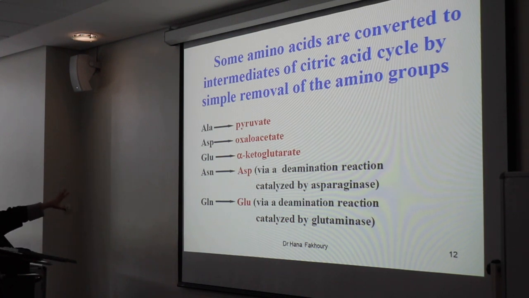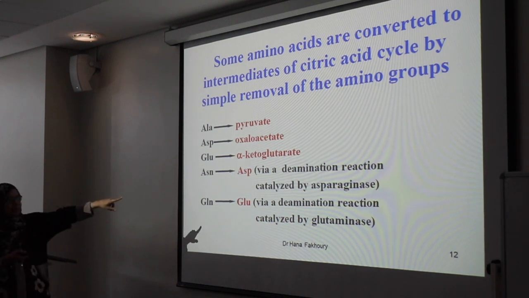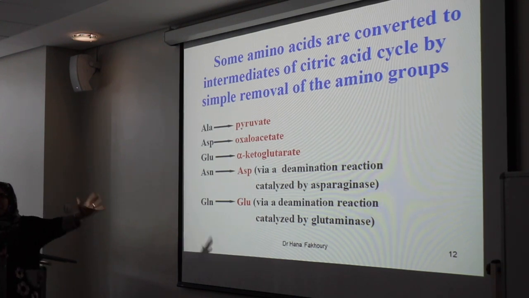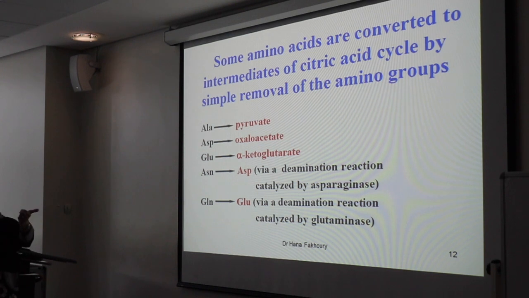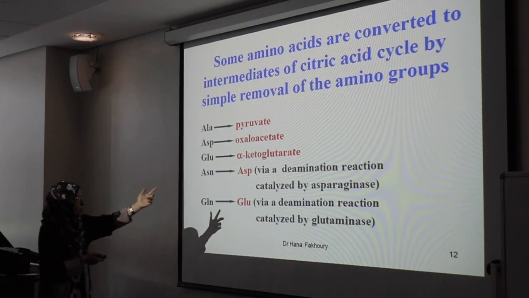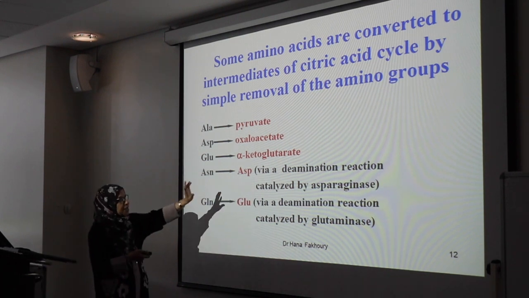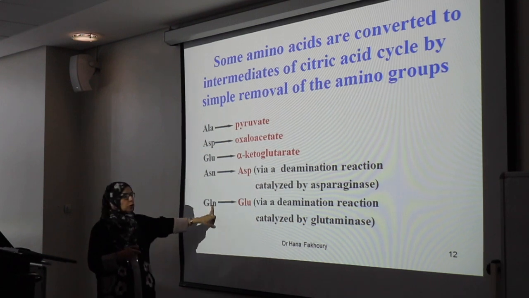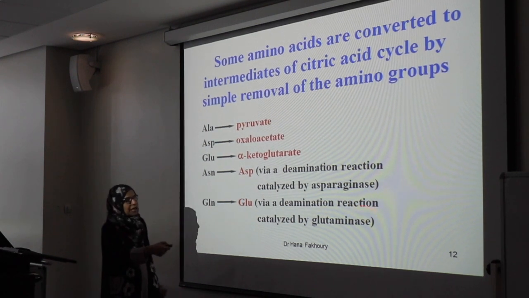Okay, so how do we go from asparagine to aspartate? By deamination. Again, removal of the amino group, but this time it is not transamination, it is not the glutamate dehydrogenase. Here we have something called asparaginase. Similarly, for glutamine, we have glutaminase.